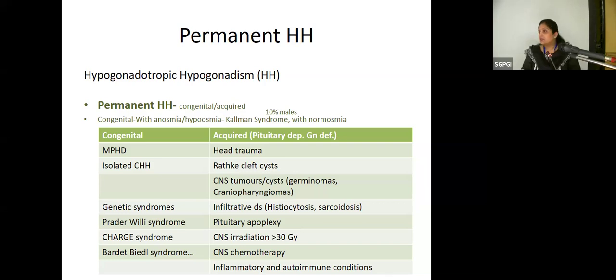There can be multiple pituitary hormone involvement or only gonadotropin involvement. There can be various associated genetic syndromes where isolated or multiple pituitary hormone deficiency is seen. In acquired causes, we usually get a history of head trauma, irradiation, chemotherapy, or CNS features like raised ICT or headache.